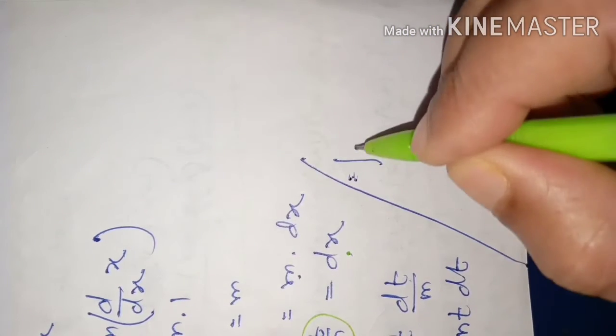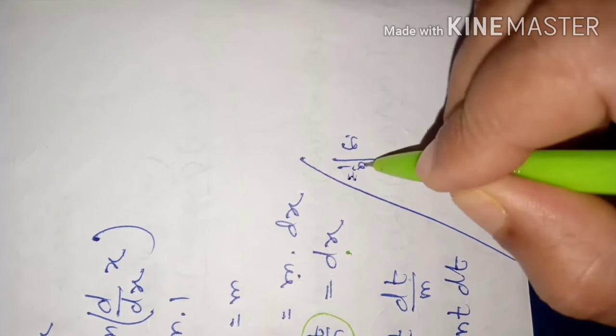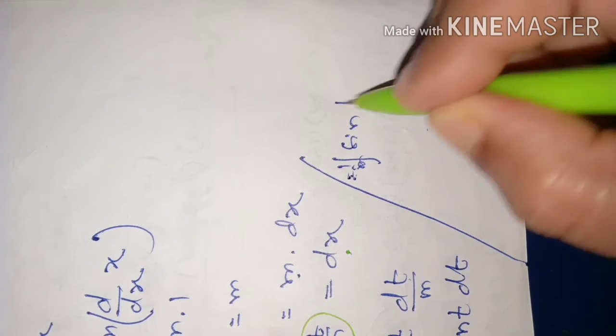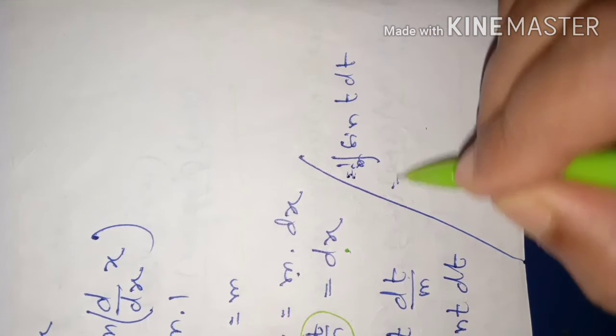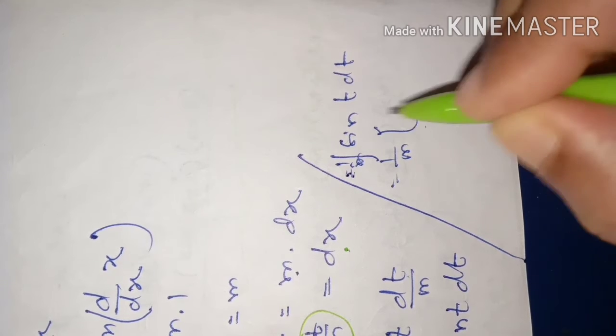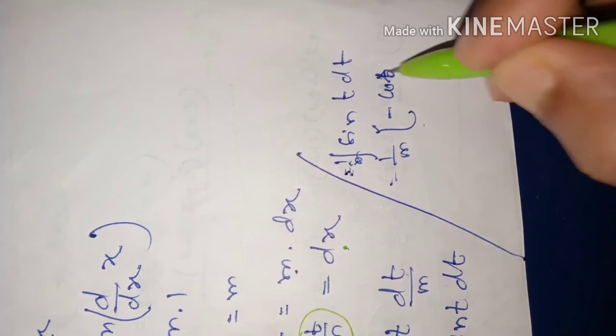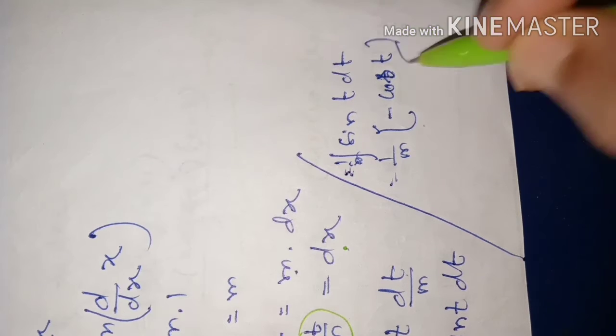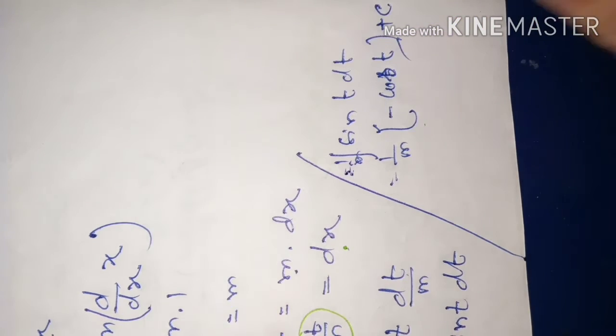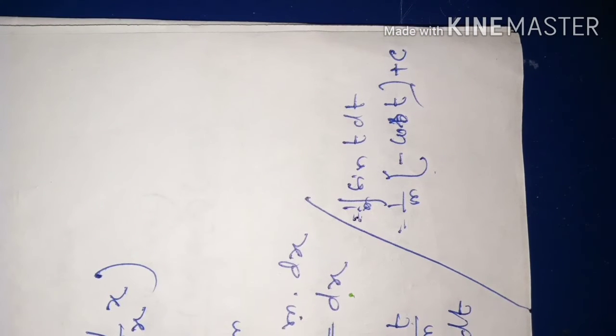Now, integration of sine t dt, what will it be? 1 by m into integration of sine t dt. Integration of sine t is what? Minus cos t plus c.